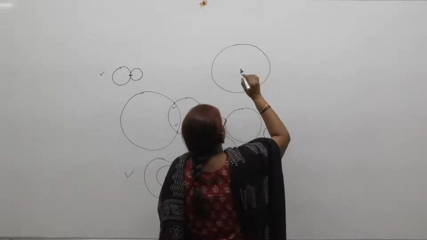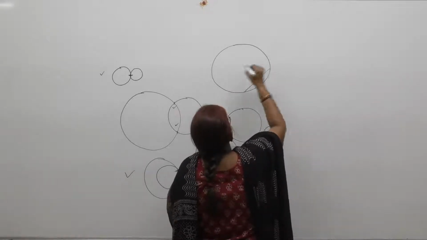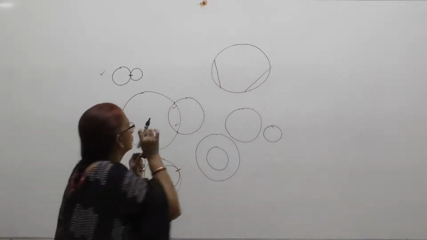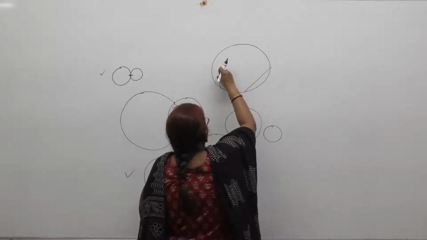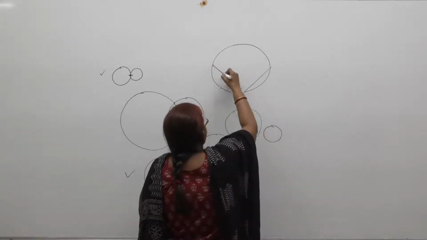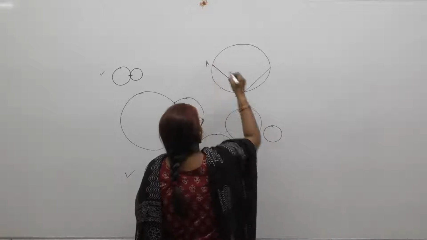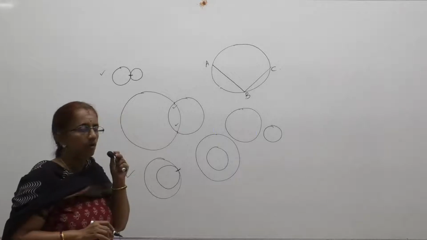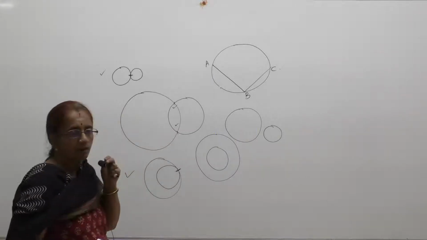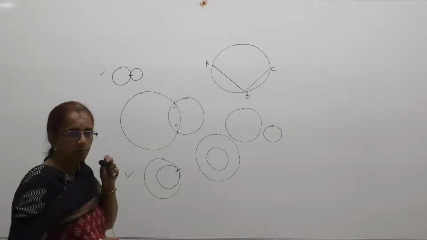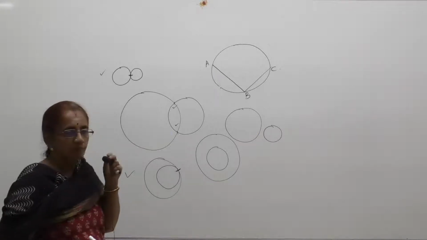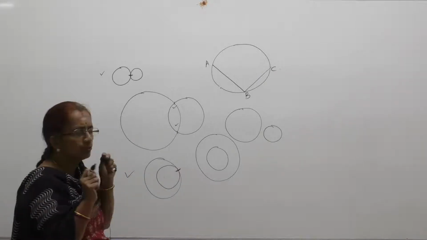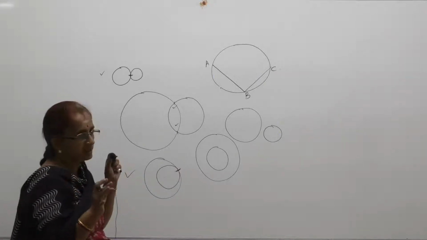You need to find out the center of this circle, for which you'll be drawing two chords, any two chords. You should identify two chords in such a way that if you join the points A, B, C, these three points lie on the circle, and you can identify two chords AB and BC, or even AC.